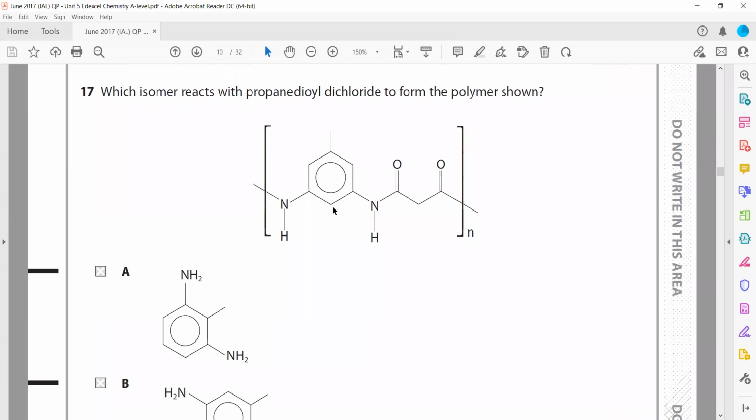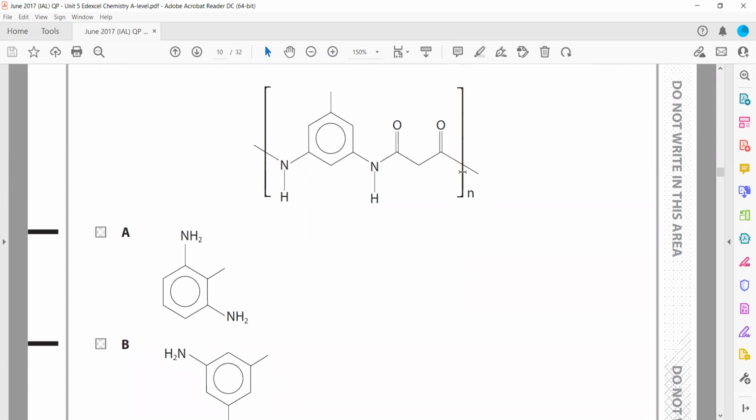Which isomers react with propane diol dichloride to form this? Basically, look, the polymer is not all carbon chain, so it means it is a condensation polymer.